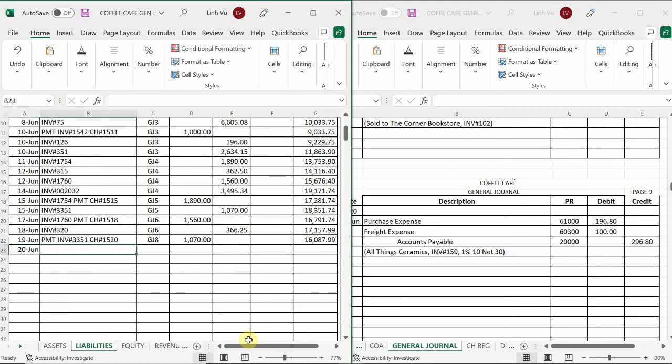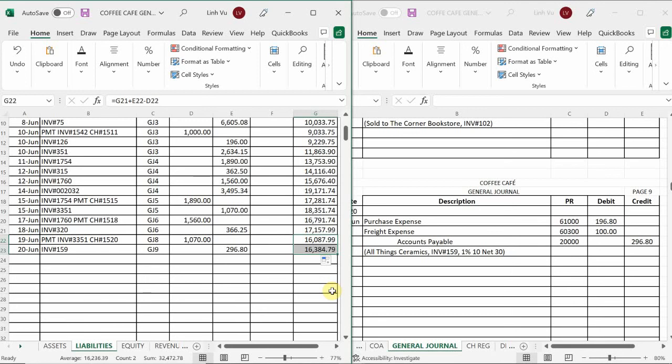Invoice 159. Yeah, the 9th page and 296.80. And that's going to increase your liabilities to a grand total of $16,384, excuse me, and 79 cents.